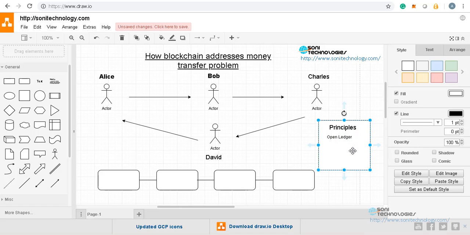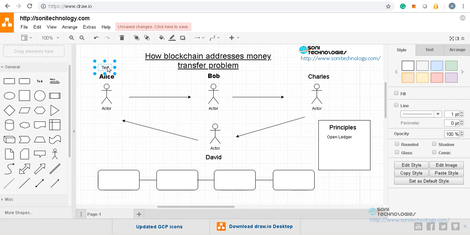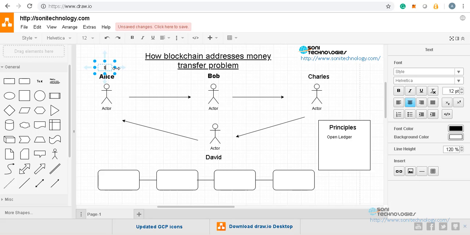So we'll see this with an example. Let's say that we have a network of four people that wants to move money from one person to another, and let's assume that in the very first moment when the network started, Alice has $100. So in the account of Alice, we'll put $100.